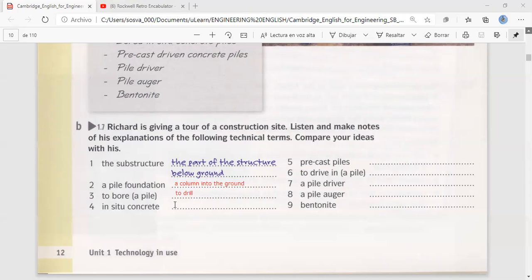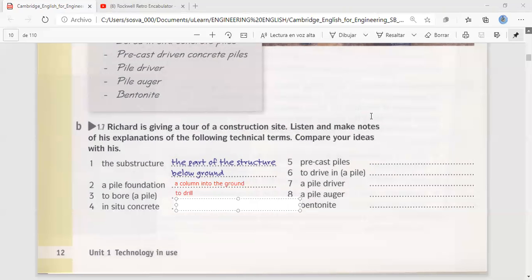Exactly. And then what about in situ concrete? What does he mean with in situ concrete? I think he said anything on the construction, like final position.